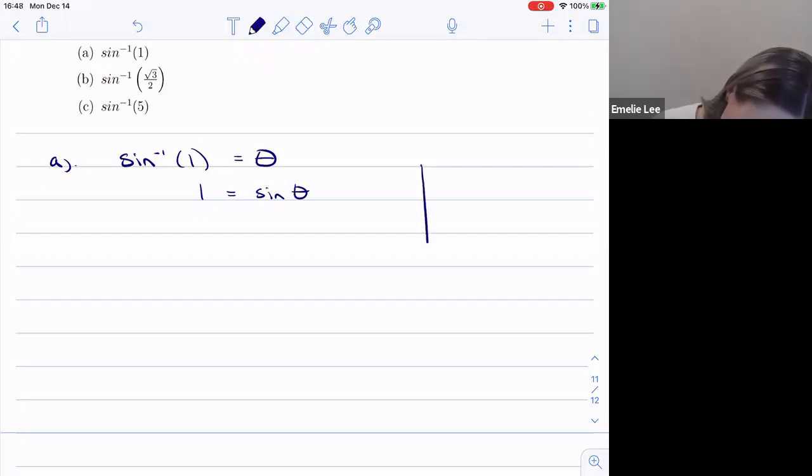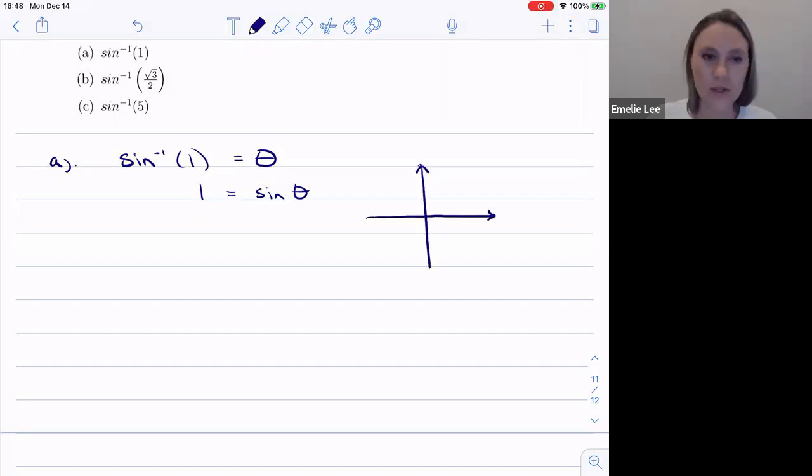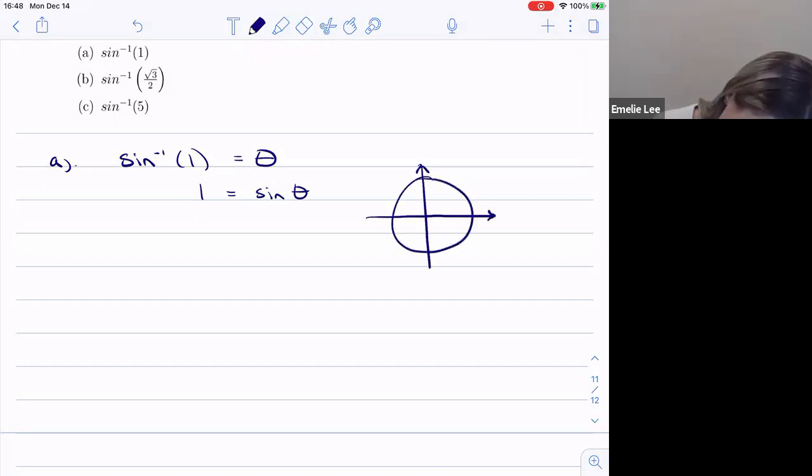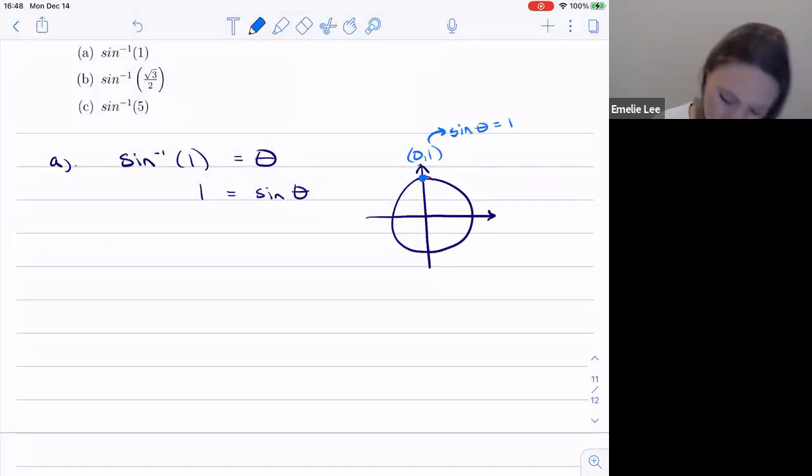If you think about our kind of unit circle here, sine theta is the y value, right? So where y is 1, that only happens here, right? This is at (0, 1). So sine theta equals 1. That's the only place that this can happen.